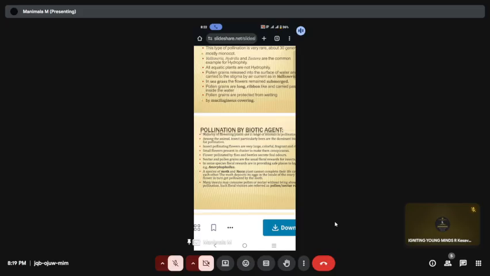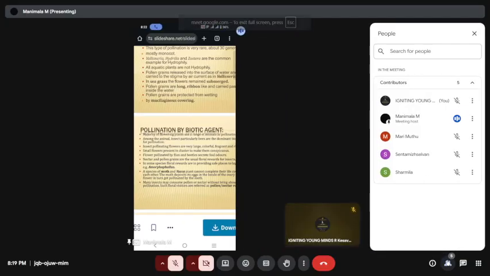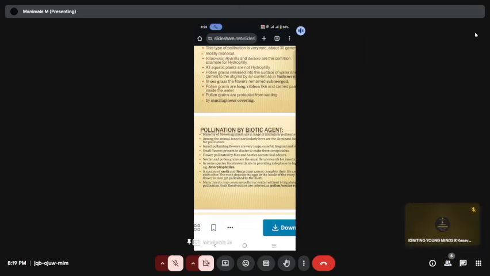Okay, and they can easily float in the water and the pollen grains can go to any depth. The stigma is also very long, and when the pollen comes into contact with the stigma, it coils around the pollen grains and fertilization takes place. So this is what about the hypohydrophily.